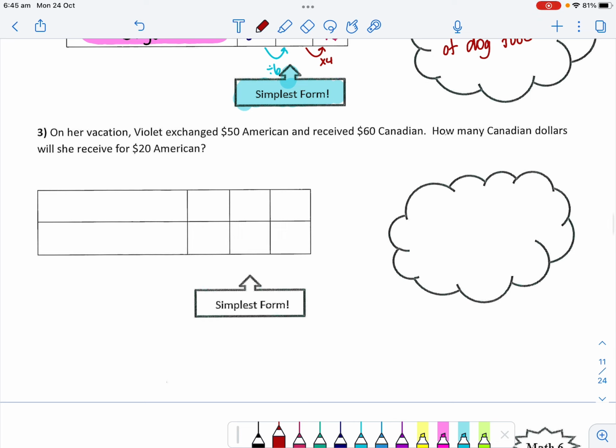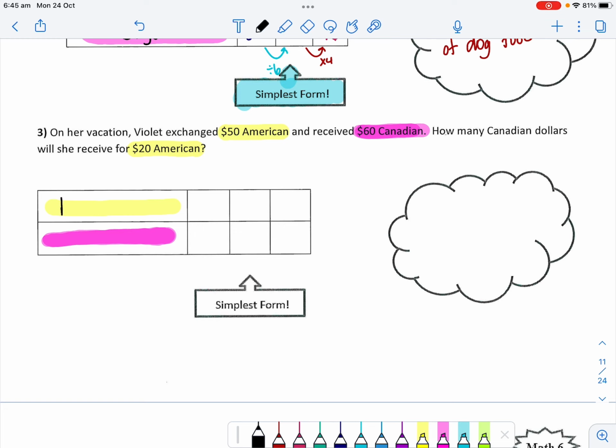So one more example here. It says on her vacation, Violet exchanged 50 American dollars and received 60 Canadian dollars. So I'm going to put that here. How many Canadian dollars will she receive for 20 American dollars? So here the table is completely blank, so we're going to fill everything in.